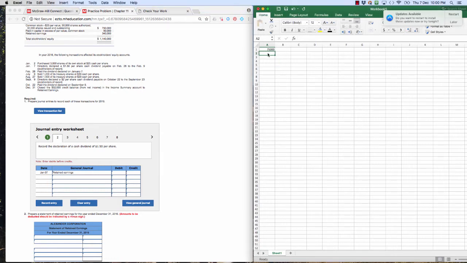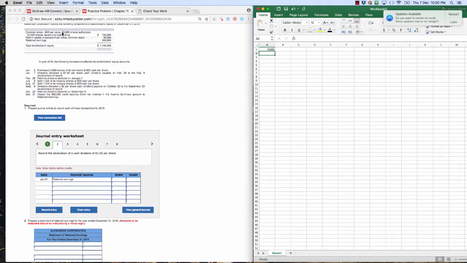And the math for this is $1.50 per share of dividends multiplied by the number of shares we have outstanding. You may be tempted to say it's the 30,000 shares that were outstanding at the beginning, but we've just purchased 3,000 shares. So we can have this little section that we call shares of stock outstanding.